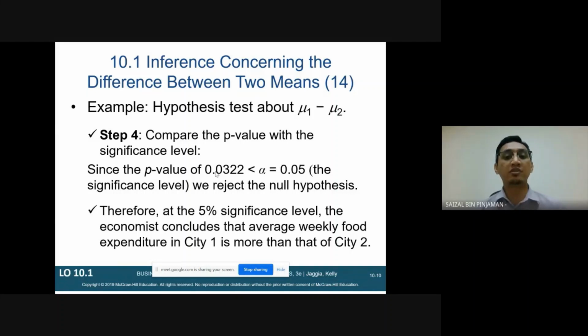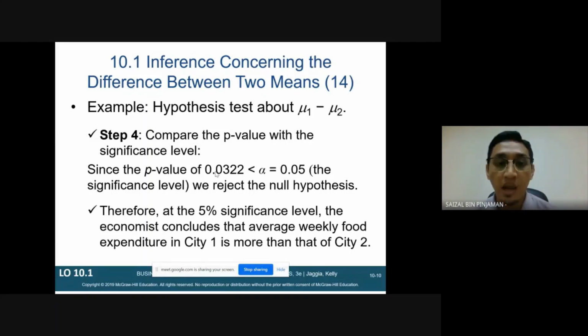Conversely, we do not reject the null hypothesis when p-value is equal to or larger than the significance level.